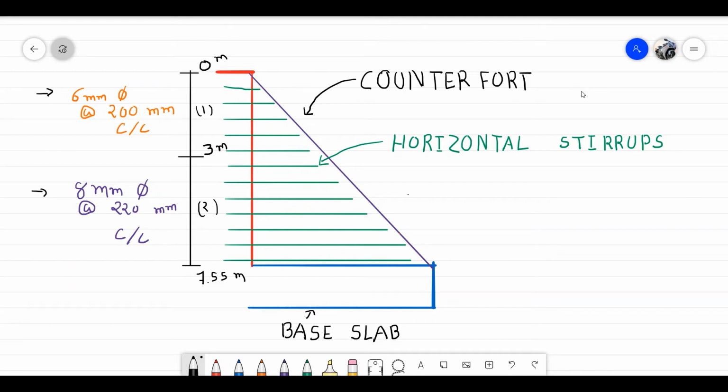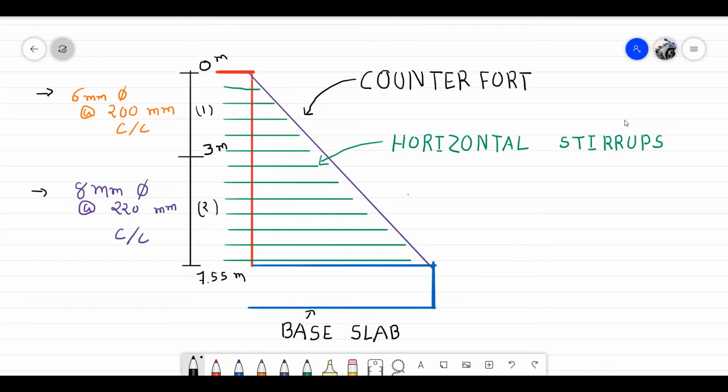Now imagine if I provide 8 mm dia at 220 mm center to center in the whole structure, including the first part, the cost will increase. So what we did? I provided 6 mm dia at 220 mm center to center on the top of this stem. Then after 3 meter depth, 8 mm dia at 220 mm center to center.